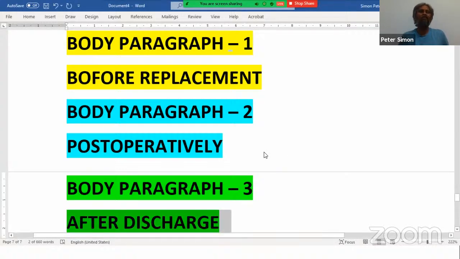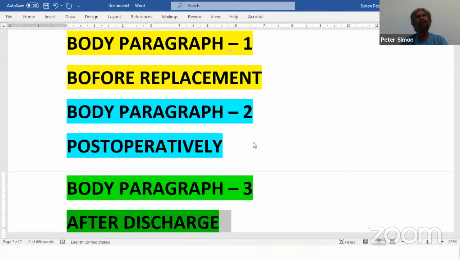Post-operatively, what happens? You will give medication. Continuation of medication, recommenced. That you can write. Then next, exercises were suggested. Then nutrition or diet.